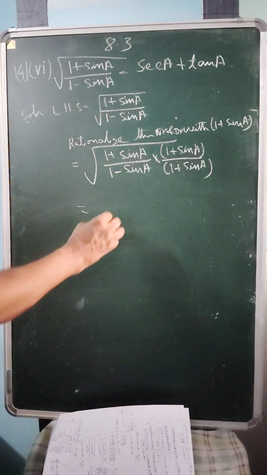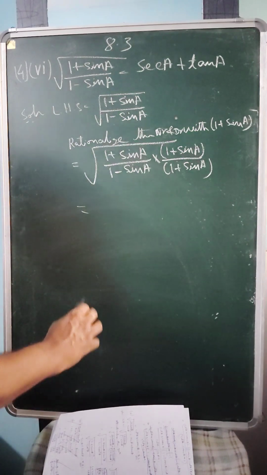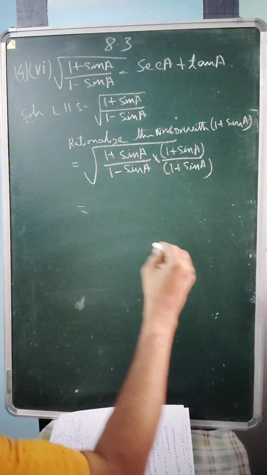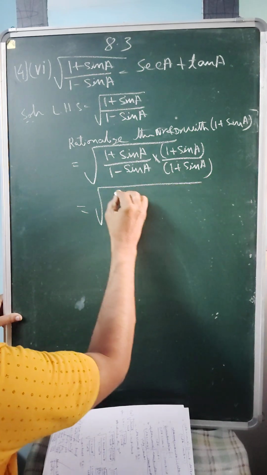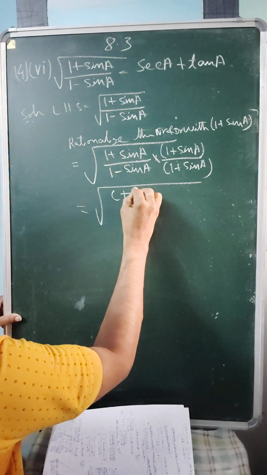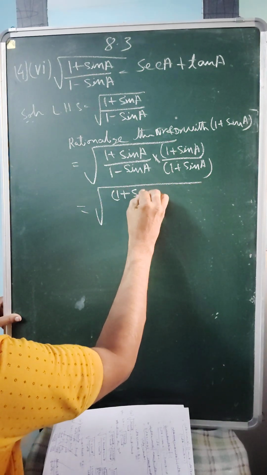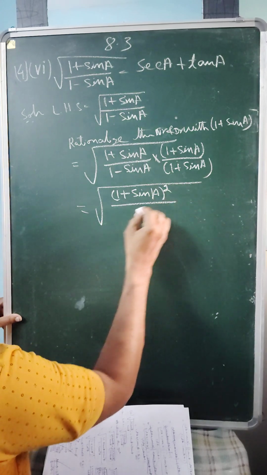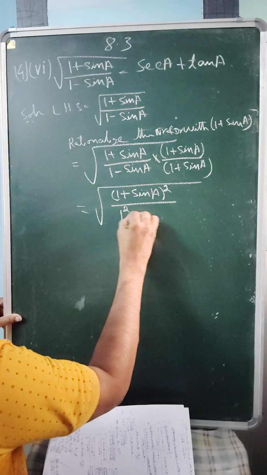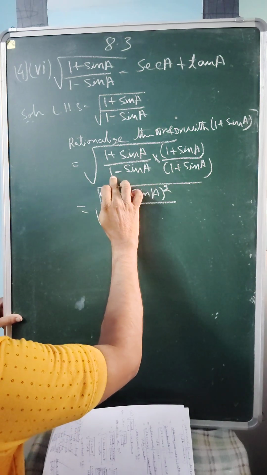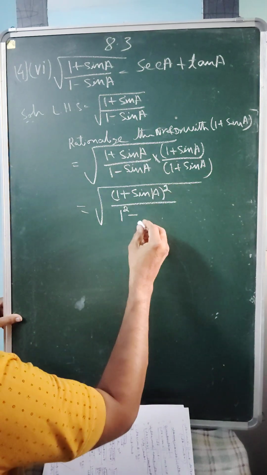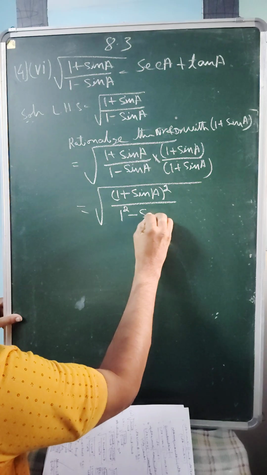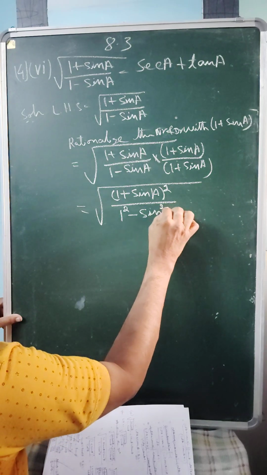This is equal to root of (1 plus sine A) whole square, whole divided by 1 square minus sine square A, since it is in the form of (A minus B) into (A plus B).